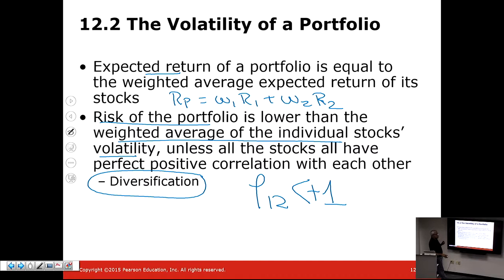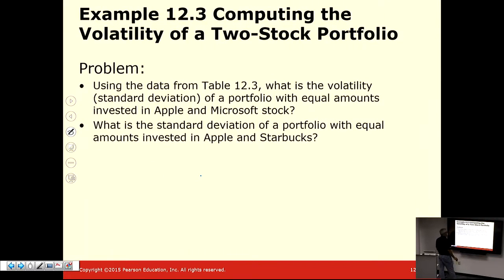Of course, in the context of this course, we are only limited to 2 stocks. If you take my advanced financial management course or investment course later on, we will get a little bit deeper into what happens when I add a 3rd, 4th, 5th, or a 500th stock to my portfolio. But over here, our discussion is primarily limited to 2 stocks, 1 and 2.